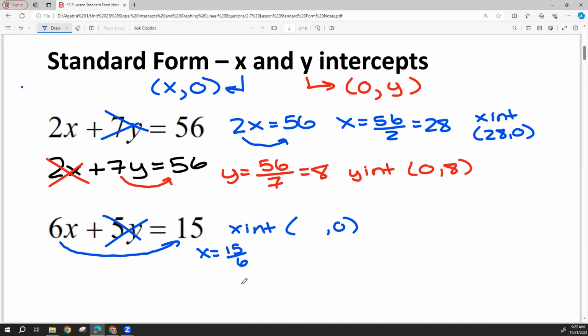It's not going to give us a perfect integer, but we can put this into Desmos. 15 divided by 6, and then we can press the little fraction button, and it's going to tell us that value is 5 over 2. So our x-intercept is going to be at 5 over 2, which is 2.5.